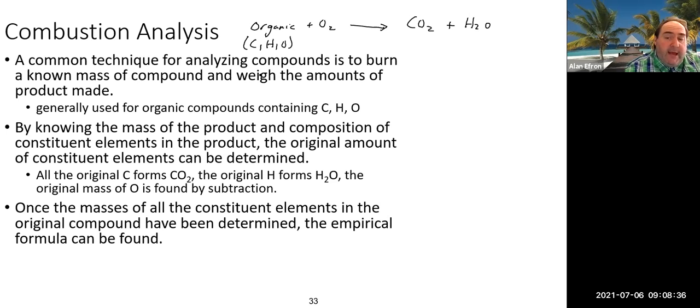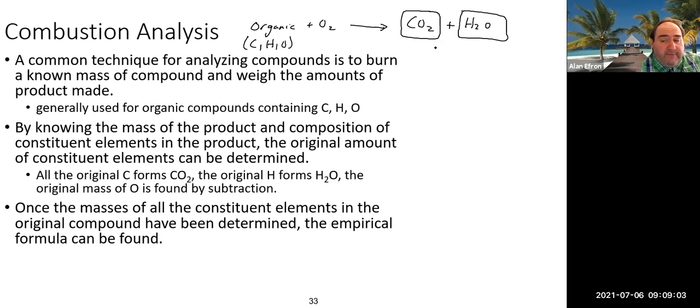Now, in this process, as we'll see in a picture in a second, when this reaction takes place, there is an absorber that absorbs all of the CO2. So there's something there to grab out all the CO2. They also have something there to grab out all of the hydrogen.